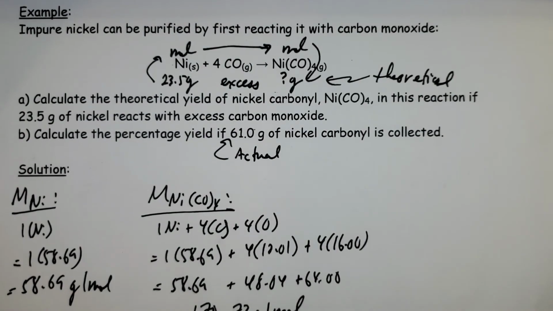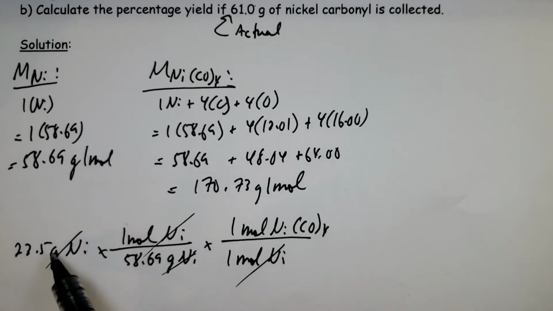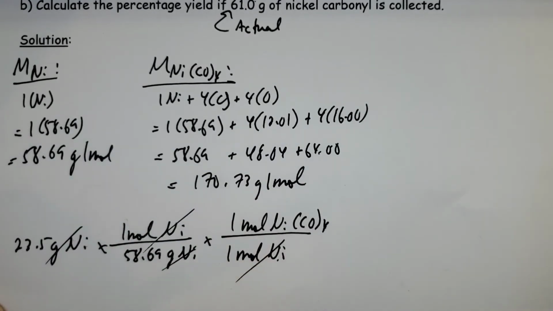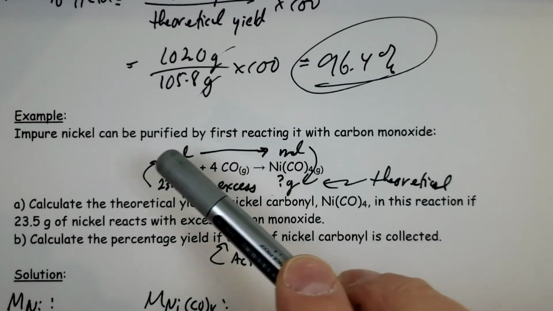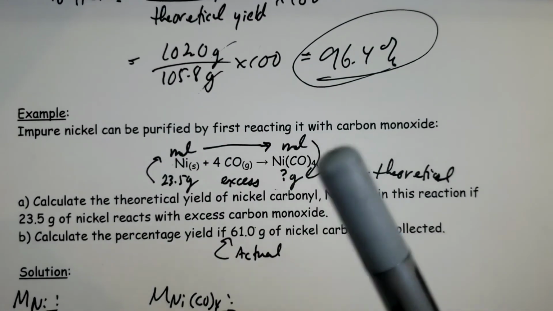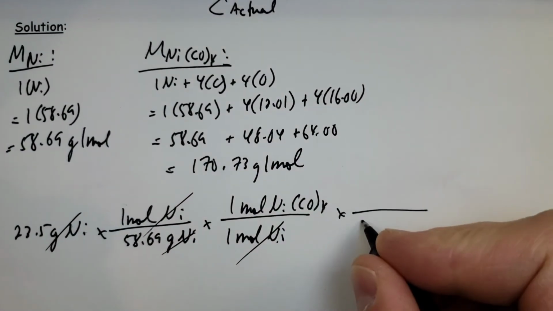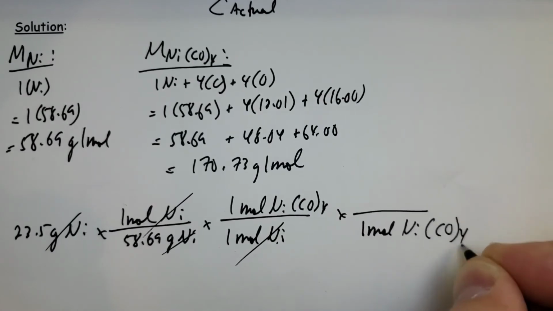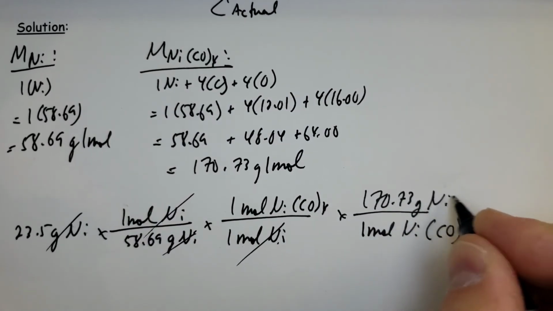I guess maybe I should show you what I'm doing here. There we go, sorry. So 23.5 grams to 1 mole. So we have the molar mass, and then the balanced equation, 1 mole to 1 mole. All right, so 1 mole to 1 mole, and then lastly going from moles to grams using the molar mass of nickel carbonyl. For every 1 mole of nickel carbonyl, that's 170.73 grams.